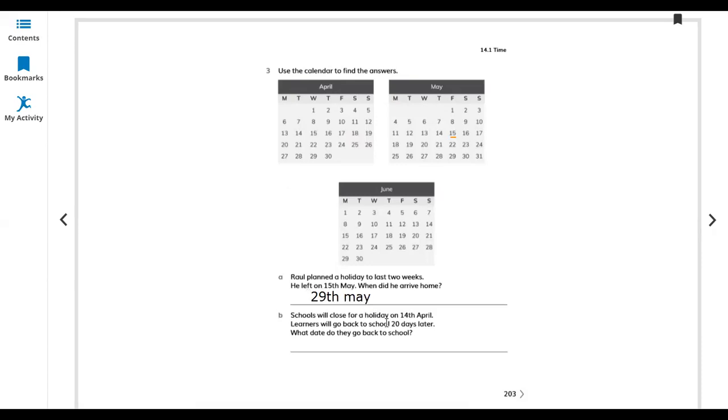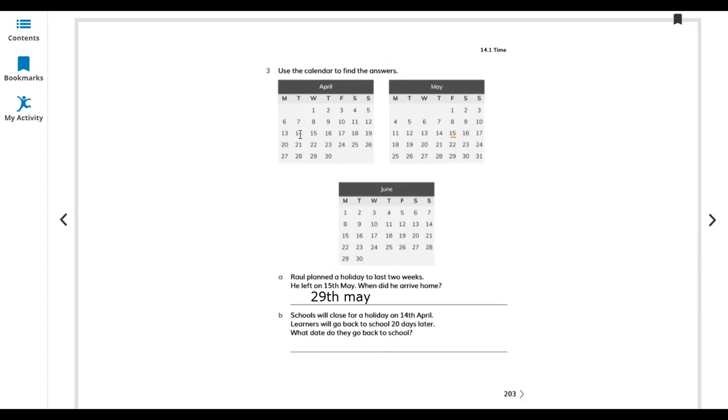School will close for a holiday on 14th April. Learners will go back to school 20 days later. So what date do they go back to school? 20 days later from 14 April.